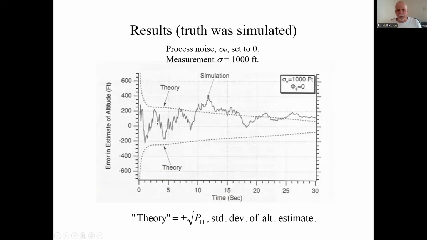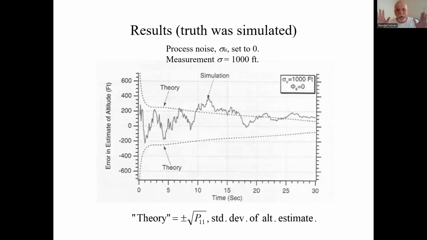First, let me explain these charts. Solid line is our error in our estimate of altitude, the difference between our estimate of altitude and the simulated true altitude. These dashed lines are the square root of the P11 term of our covariance matrix. What is that? It's an estimate. It's how accurate the filter thinks it is.